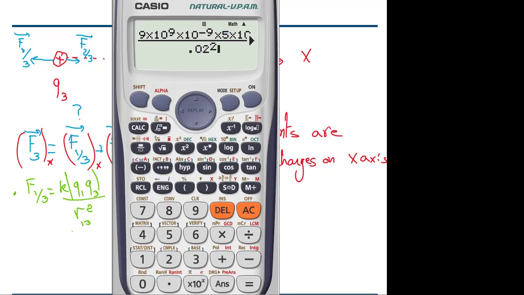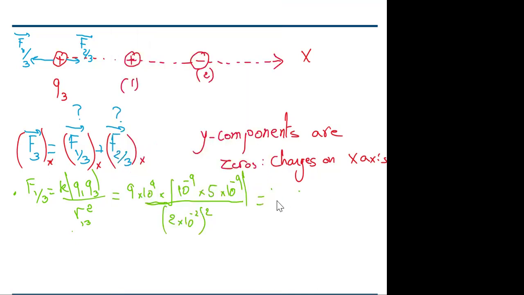Good. So this is our result: 1.125 times 10 power -4. What's the unit of the force? As you know, it's Newton. Good. Let's talk about the second vector, the second magnitude.